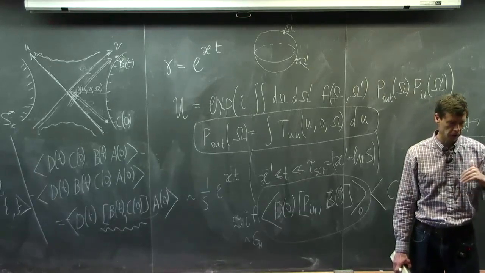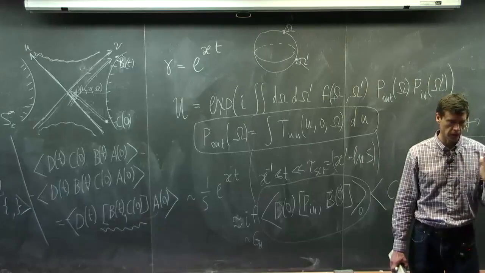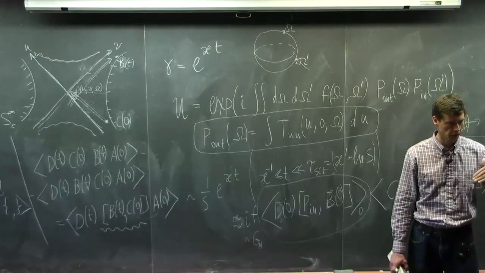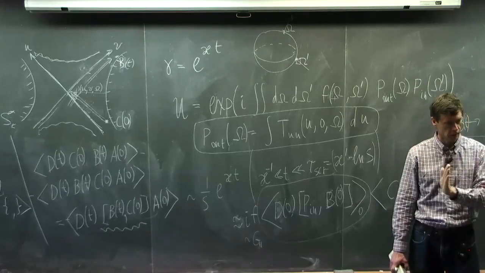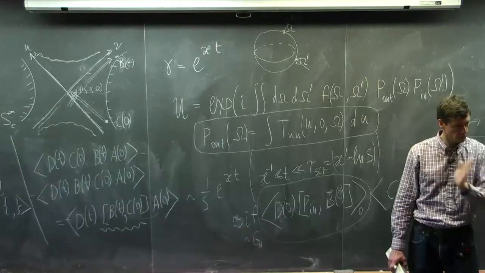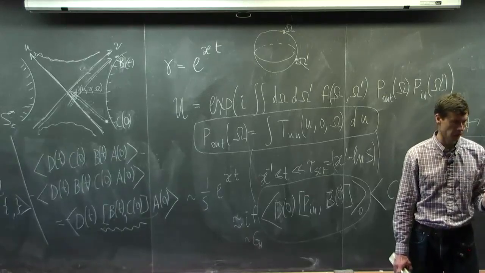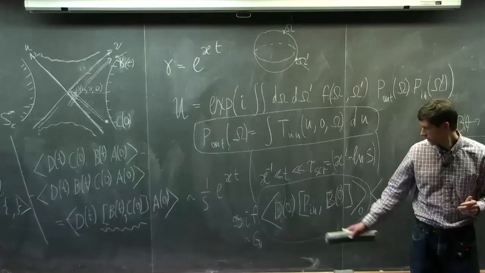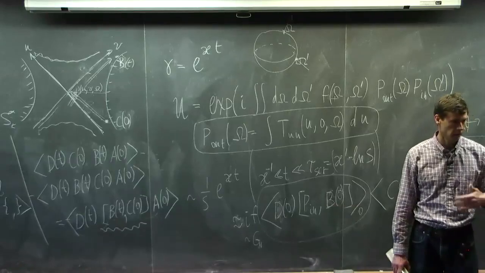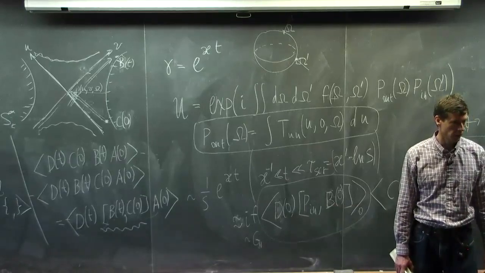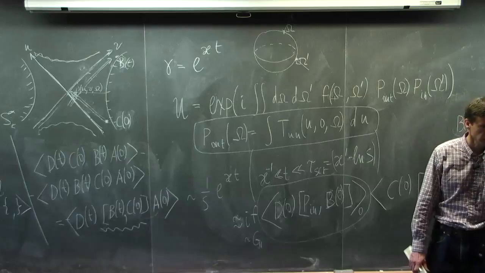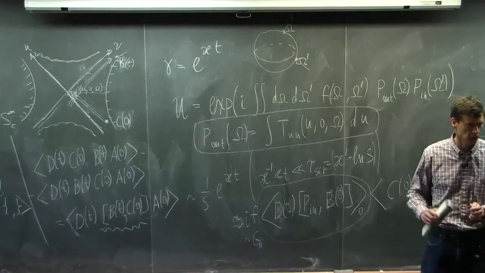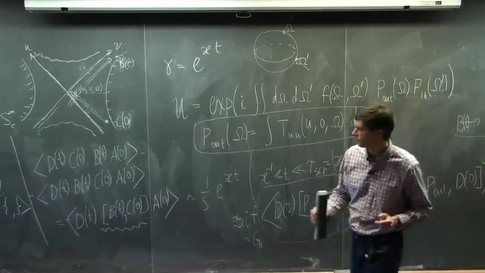And these advanced and retarded responses correspond to the propagation between the horizon and the boundary. And when we propagate back to the horizon, we can define this Pn, and this way we can guess the solution. So let me just talk about this model.